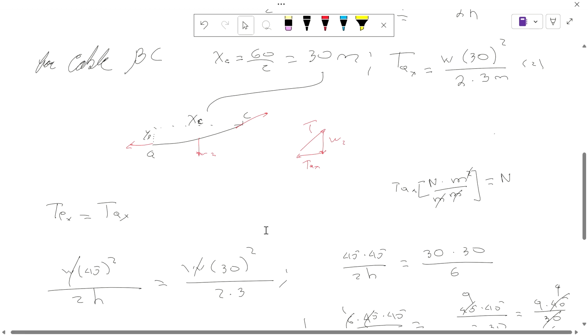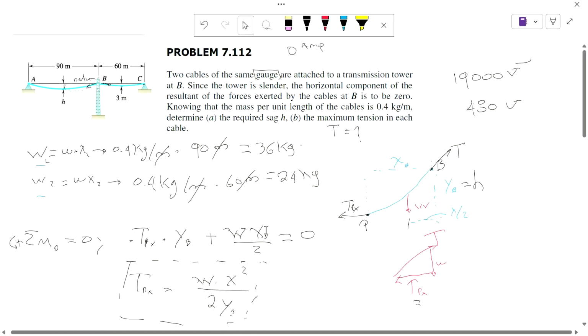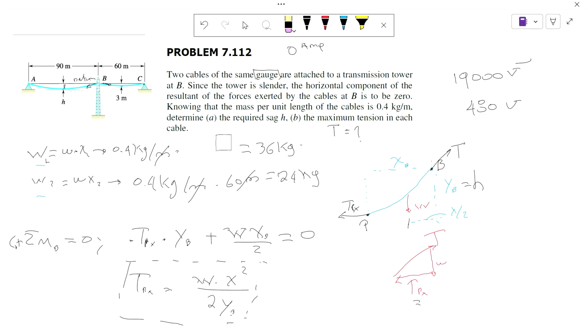It's going to be the density times the gravity, 9.81 meters per second squared. Or you could have divided by the meters, with 90 meters.